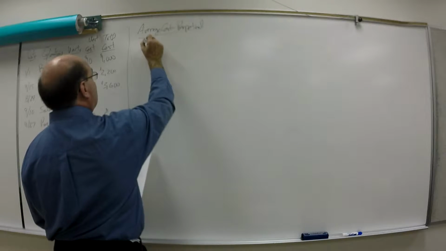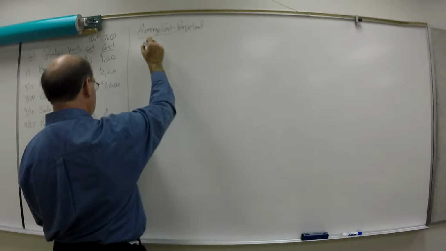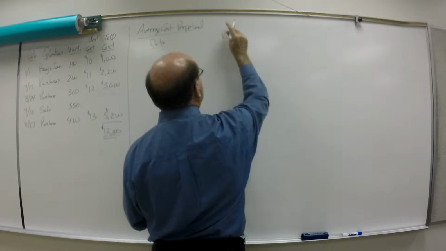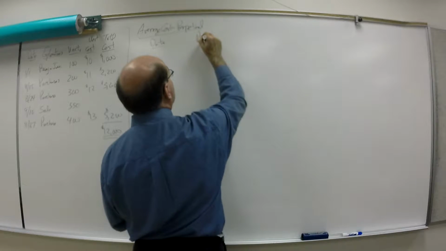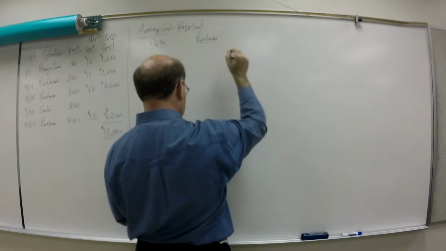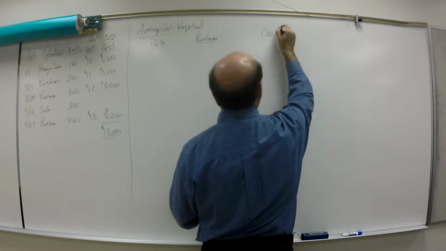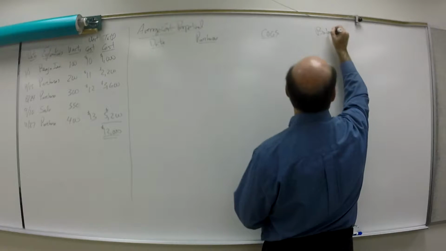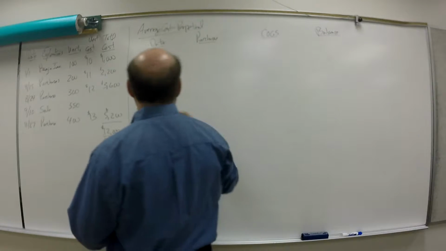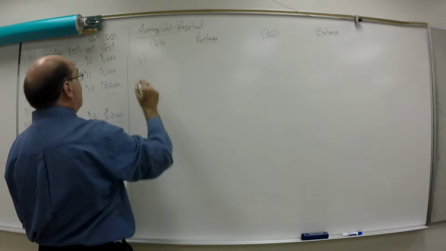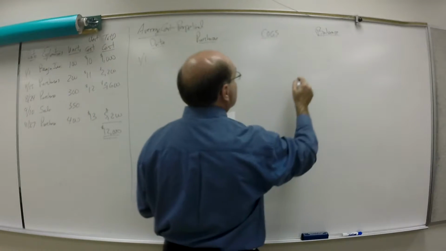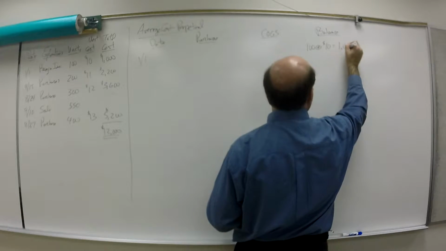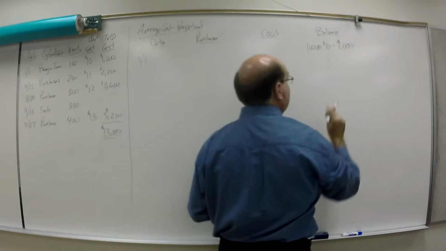Purchases, cost of goods sold, and then balance. Okay, so on January 1st, we still had the same amount. We had our 100 units at our $10. That didn't change. It's always good to reset back to the beginning.